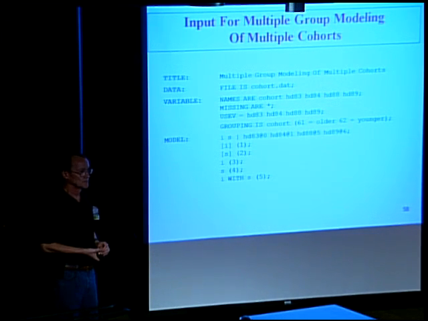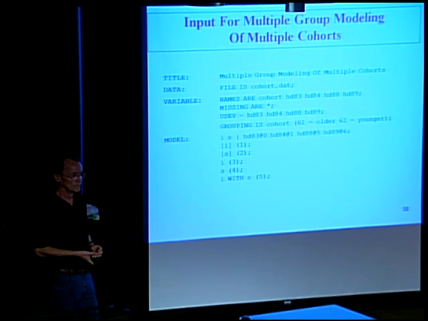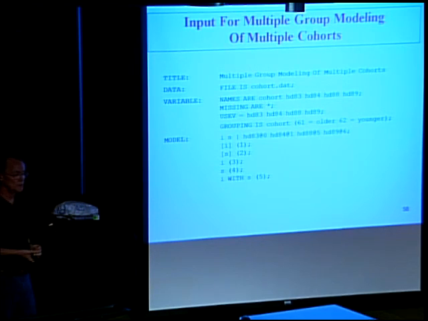Yes? To clarify, the defaults for testing for measurement invariance across time are the same as the defaults when testing for measurement invariance using multiple group analysis. Yeah, so I think the question was, would we use the same defaults when testing multiple group invariance as testing across time invariance?